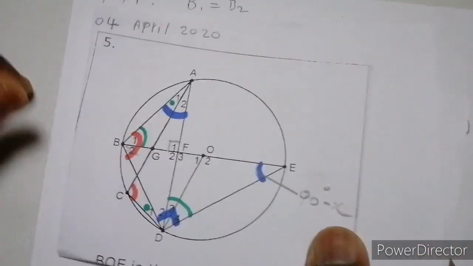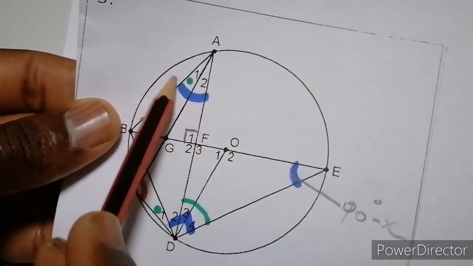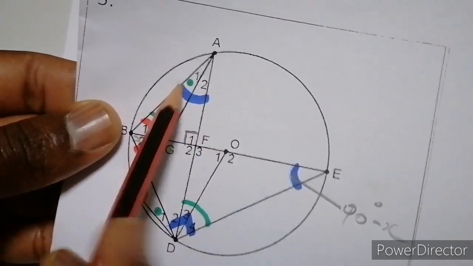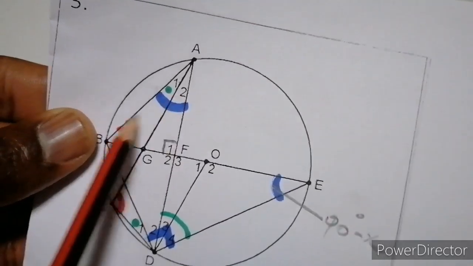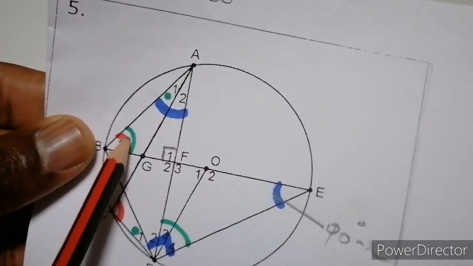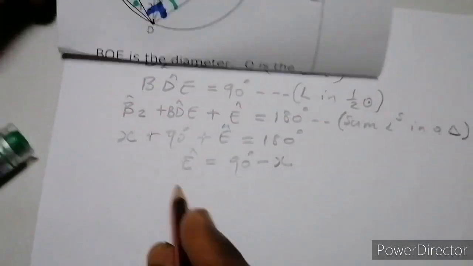Right, but that angle is indicated the same as that other angle there. Those angles are in the same segment, and this one connects with that angle. At the end, we're going to find this angle in terms of X. Now, let's continue.